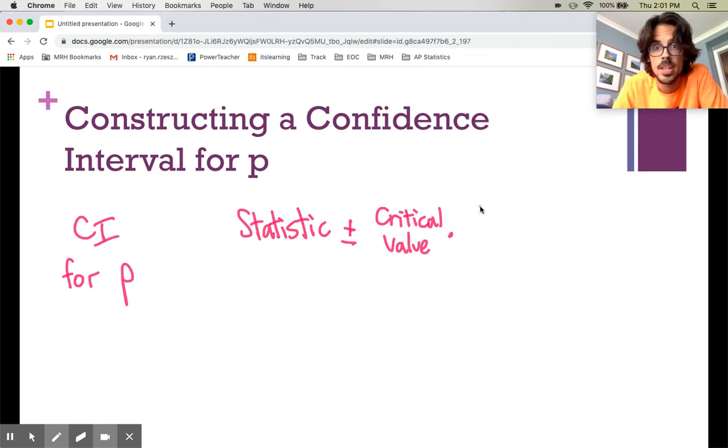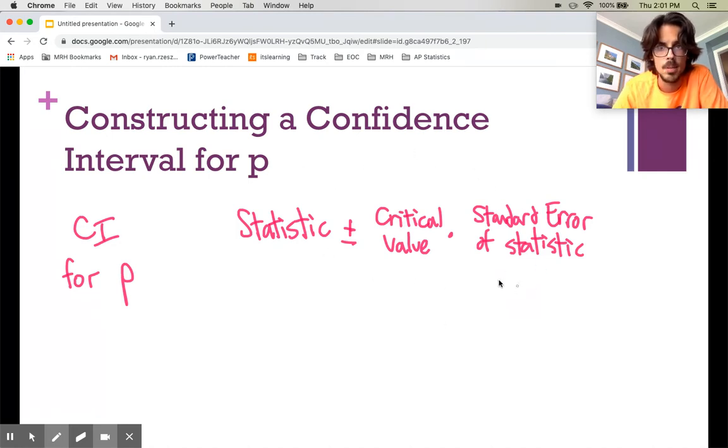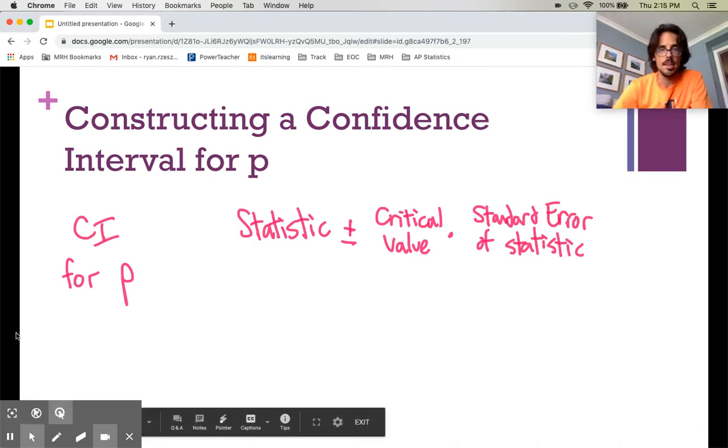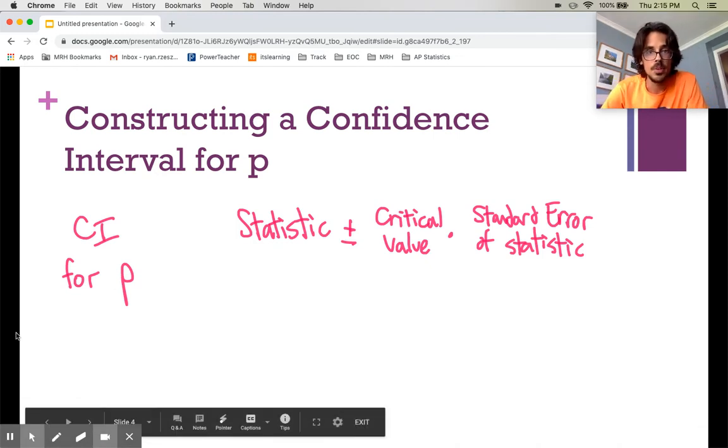So instead, we just use the standard error of our test statistic, because we would have p hat and not p. So this is going to be our basic breakdown for how you make a confidence interval.